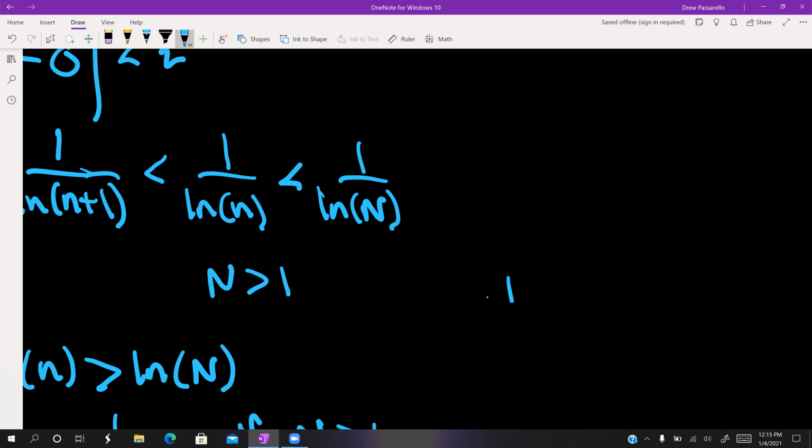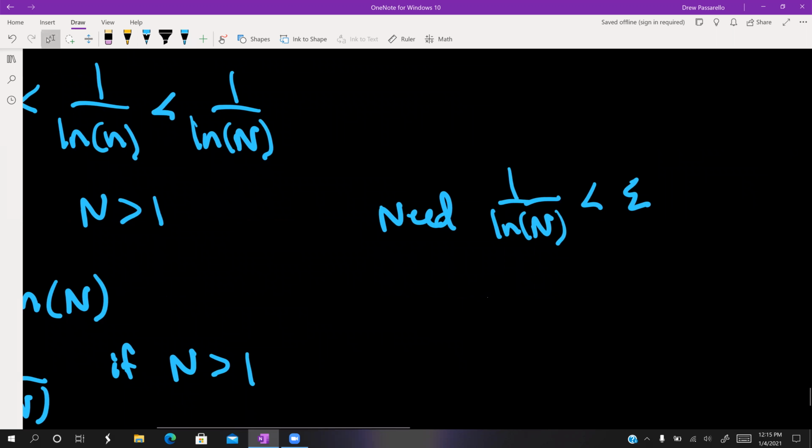So we need 1 over the natural log of capital N to be less than epsilon. So we can take the reciprocal of both sides.